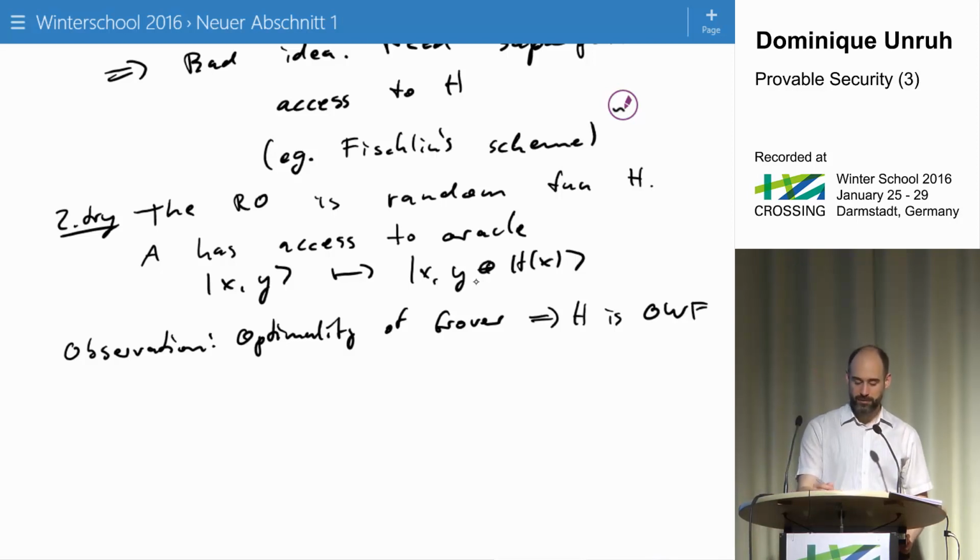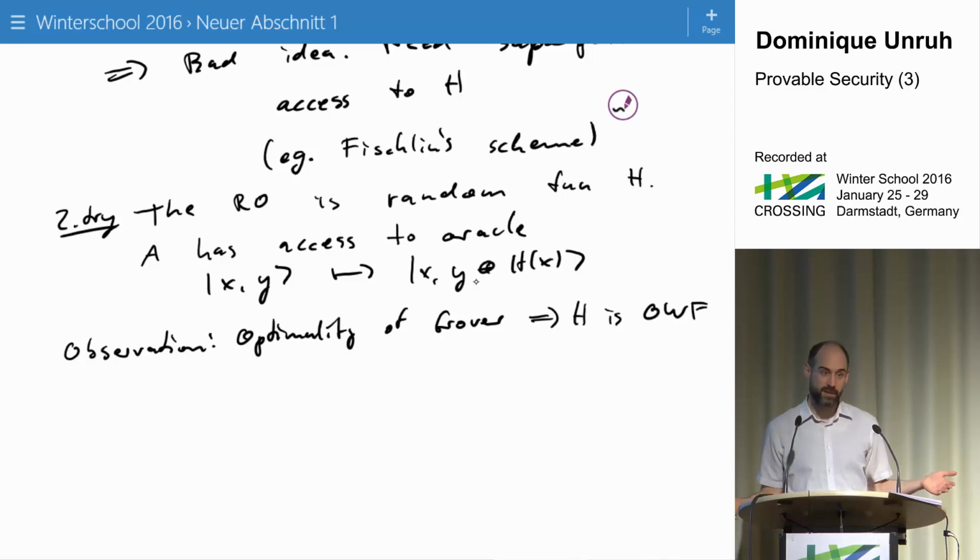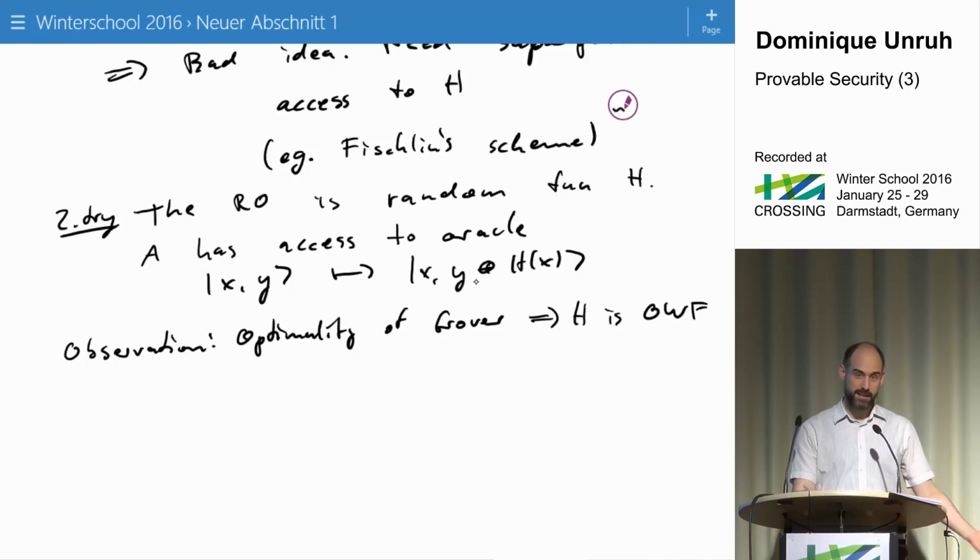Optimality of Grover means finding a pre-image takes time square root of n, where n is the number of possible inputs to the hash function, and that's exponential time still, so it means we cannot invert the hash function. So we see the random oracle does at least have some properties that it has in the classical setting.